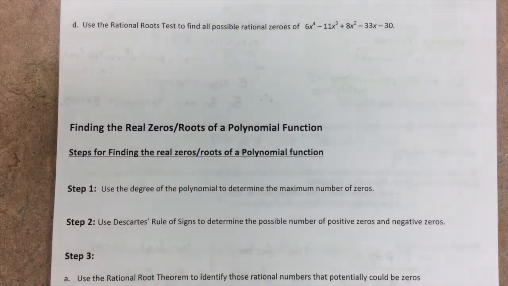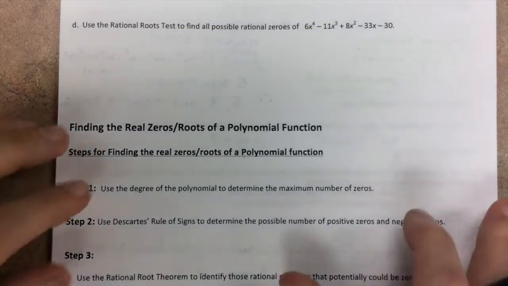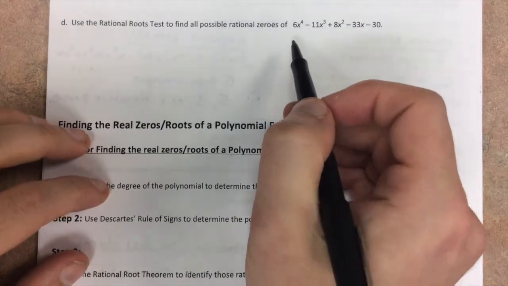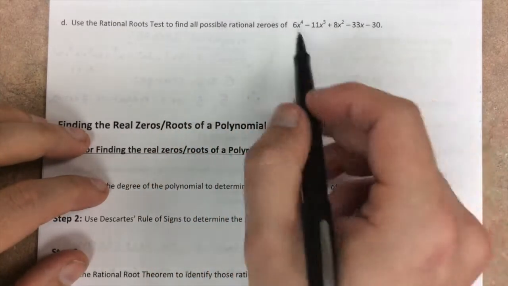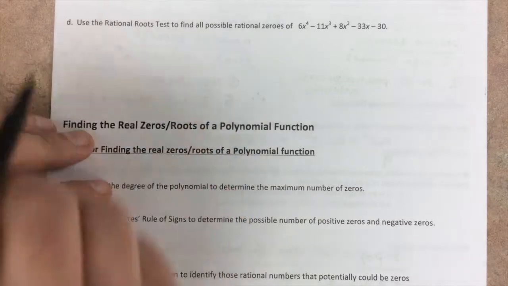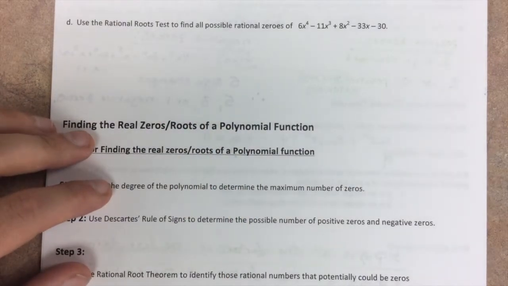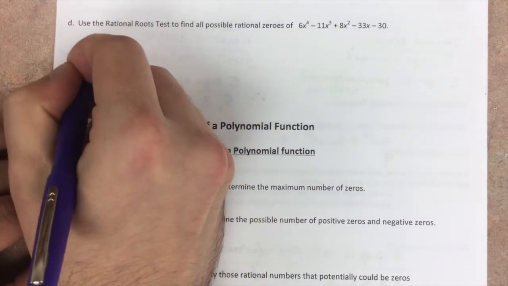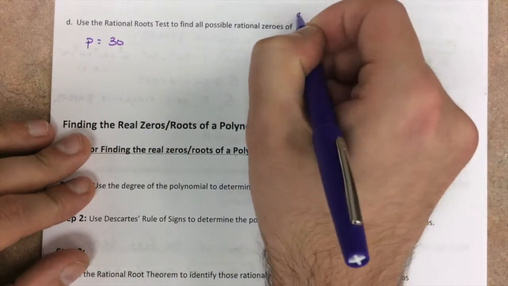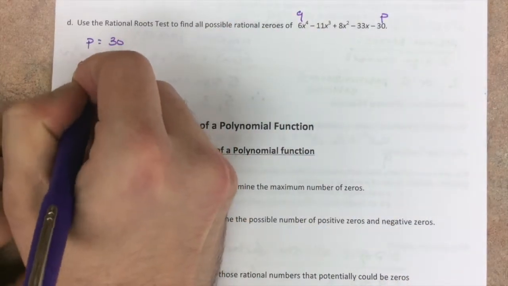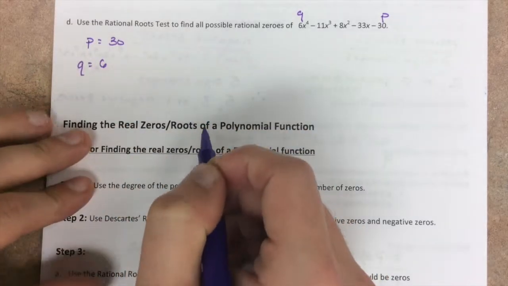So D is one more of these. It's a little more involved. Use the rational root test to find all the possible rational zeros of this function. So what are my P's? What are my Q's? My P is 30. That's P. That's Q. Q is 6.